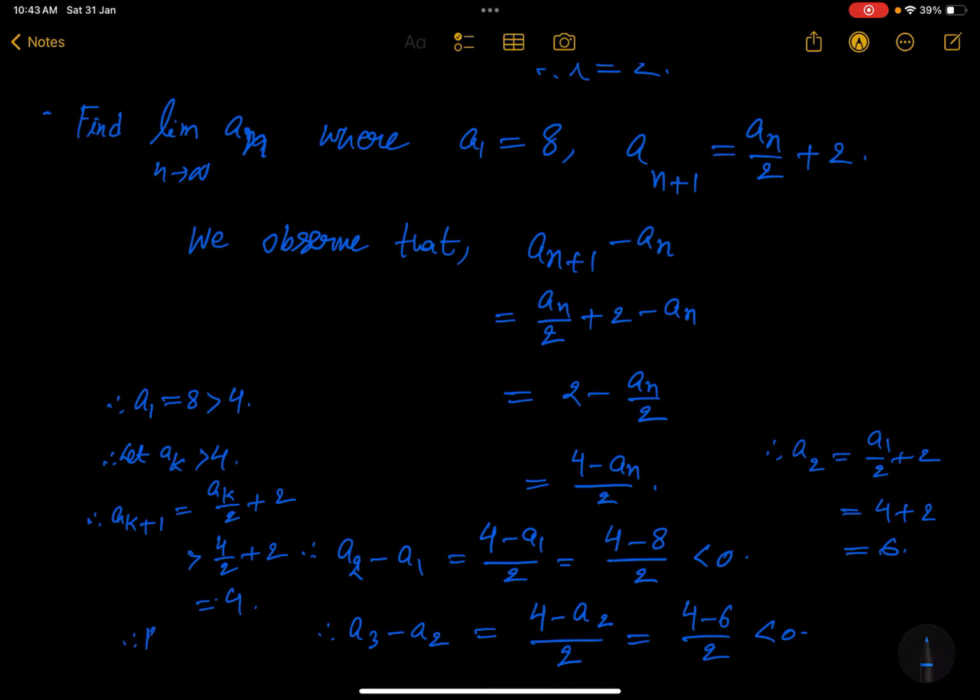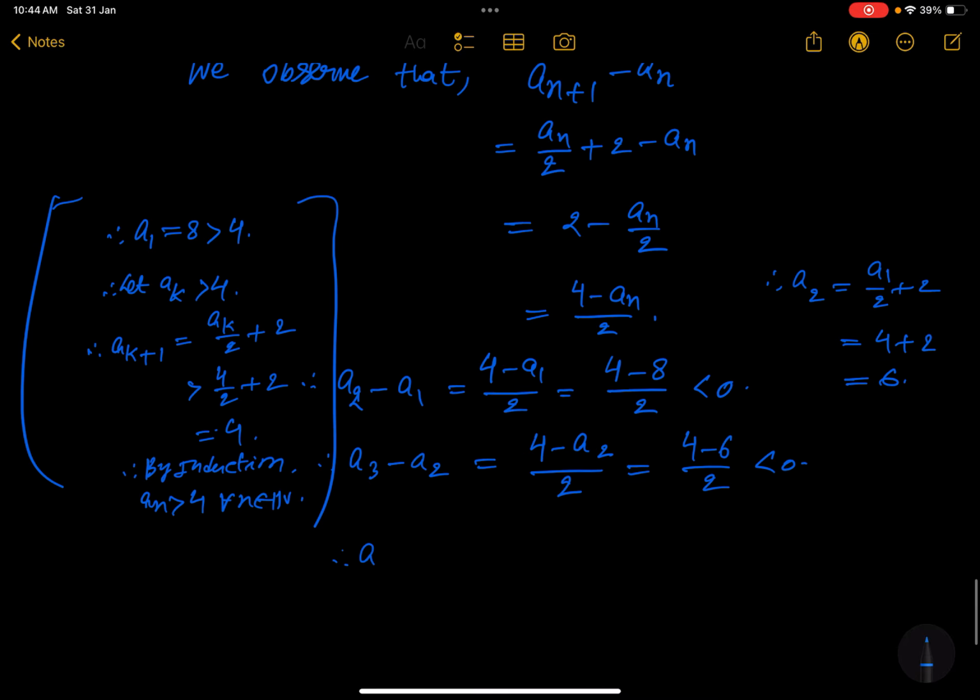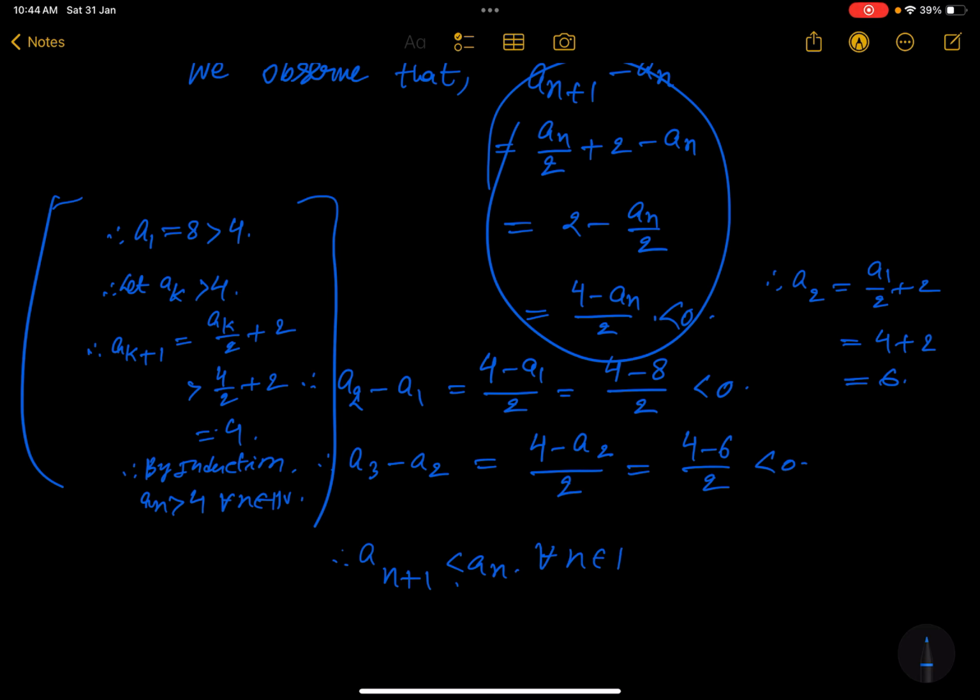So by induction a_n is bigger than 4 for all n belonging to N, right? So since this is bigger than 4, by this formula this is always less than 0, so I get that a_{n+1} is less than a_n, and this is true for every n belonging to N.